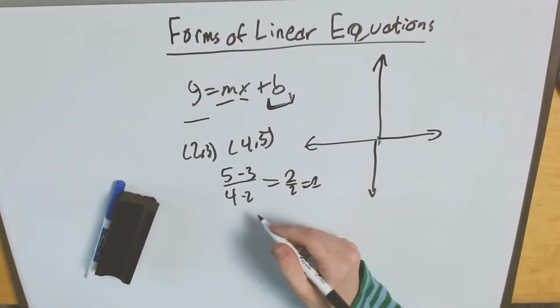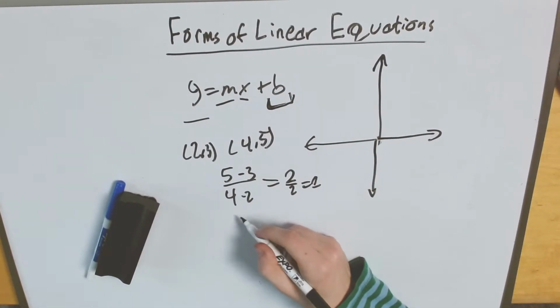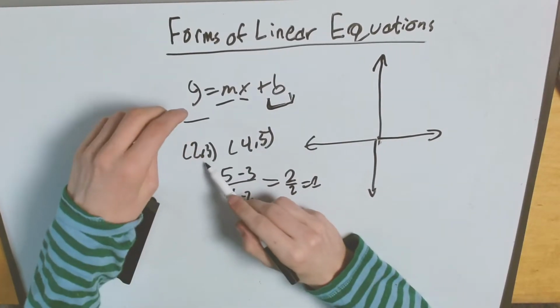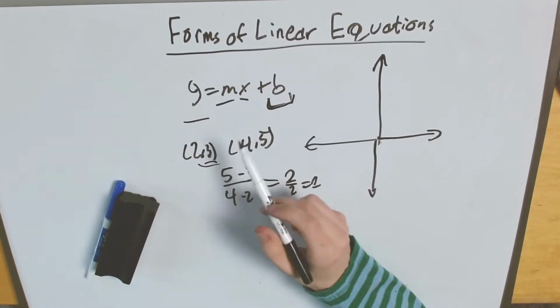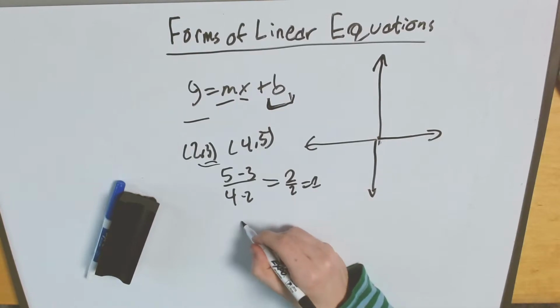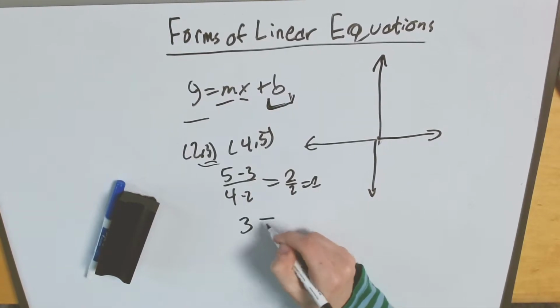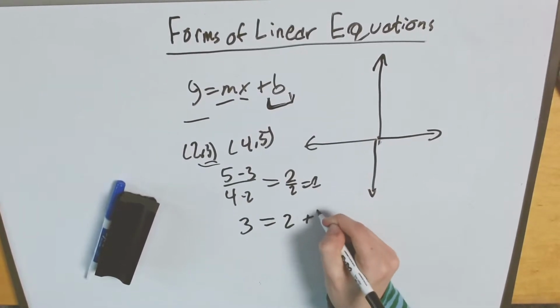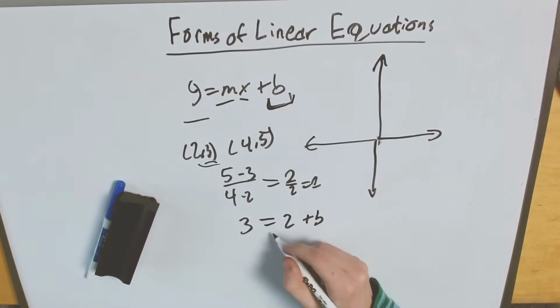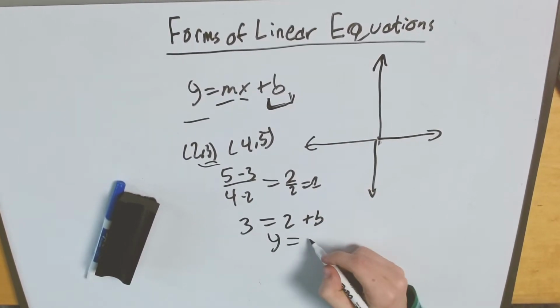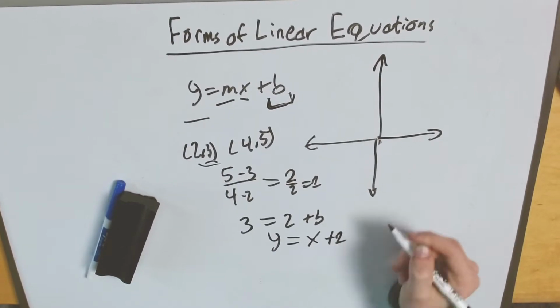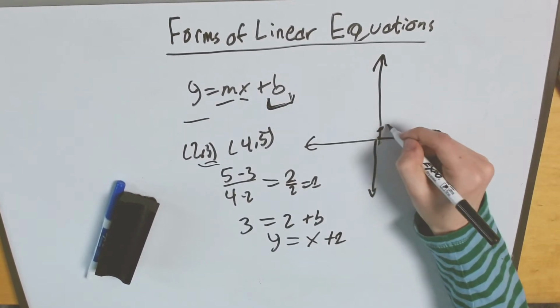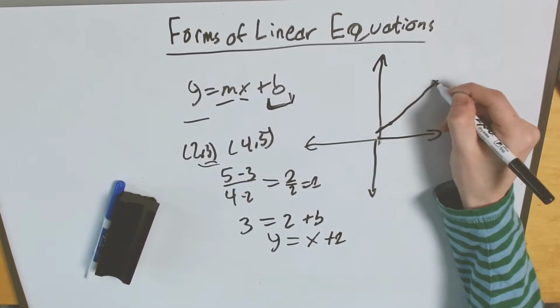So the slope is 1. And then I can substitute in one x value and one y value to find the y-intercept. I could substitute 3 in for my y and 2 in for my x. I find that my b is 1, so my full equation is y equals x plus 1, which would look something like this.